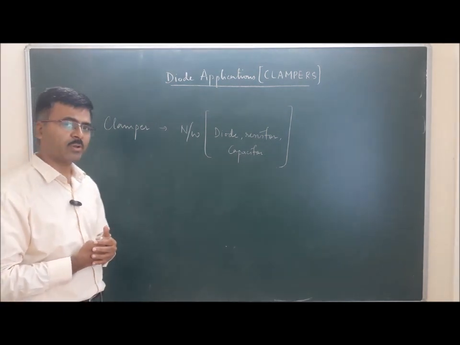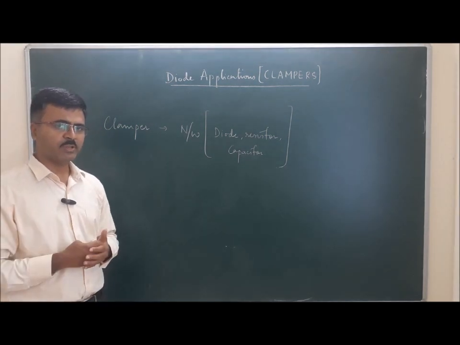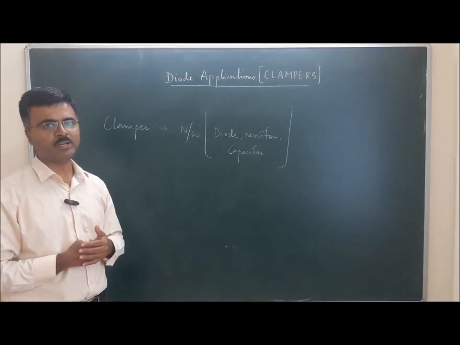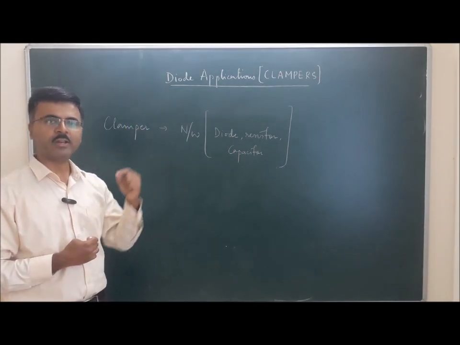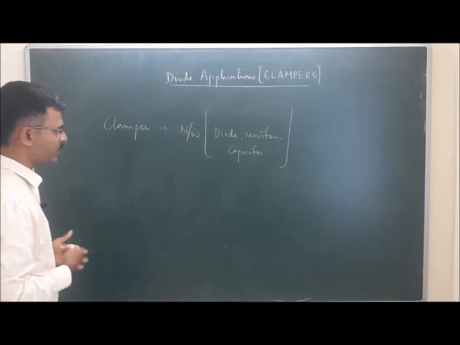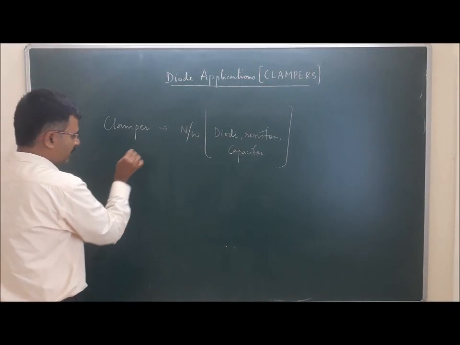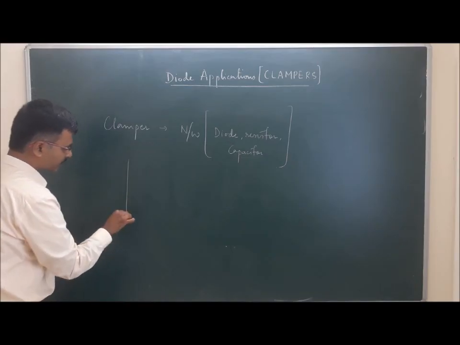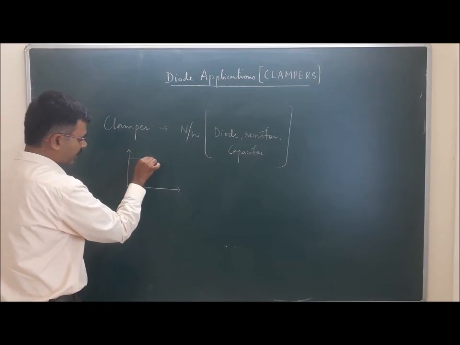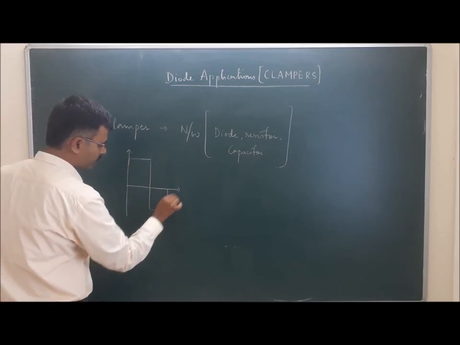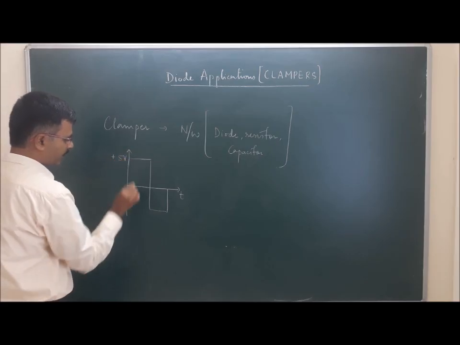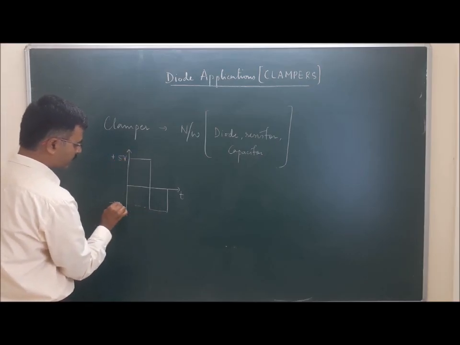Based upon whether the output has been clamped in an upward direction or in the downward direction, we call it a positive or a negative clamper respectively. Let us try to understand it again in detail. Say, for example, my input signal is a square pulse whose peak voltages are plus 5 to minus 5 volts.